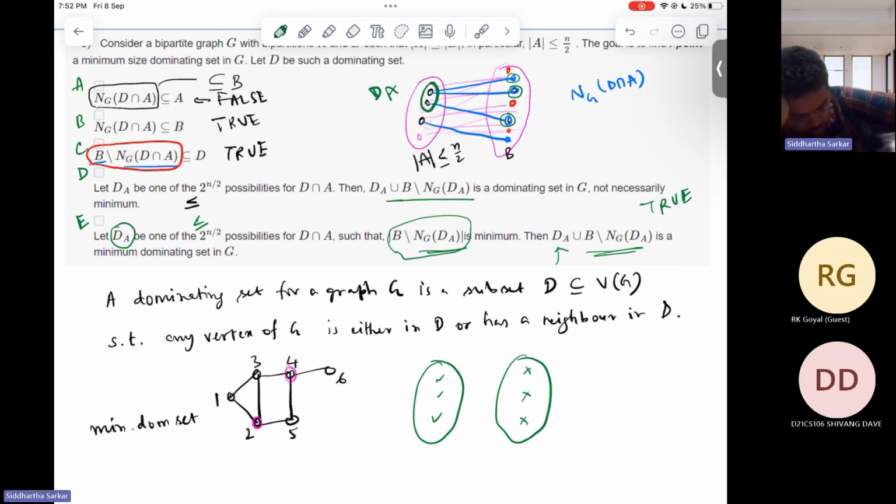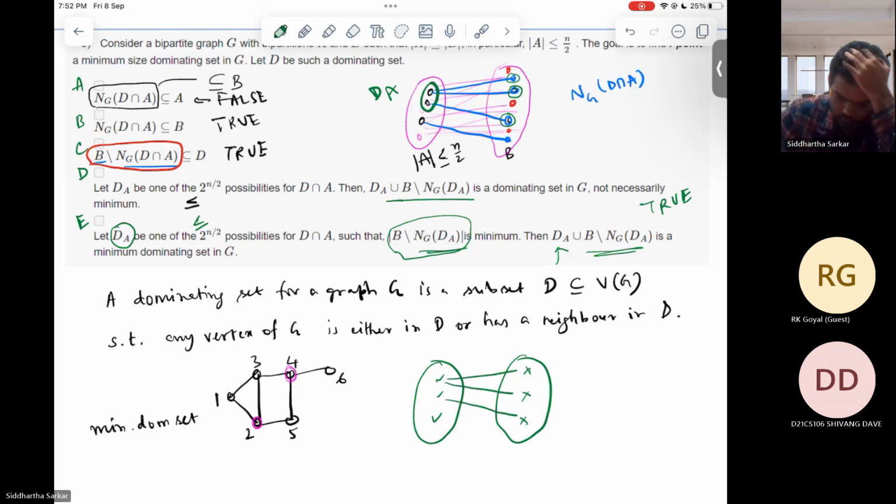I want to see if I can construct a counterexample that will falsify this statement. Let's do one thing.